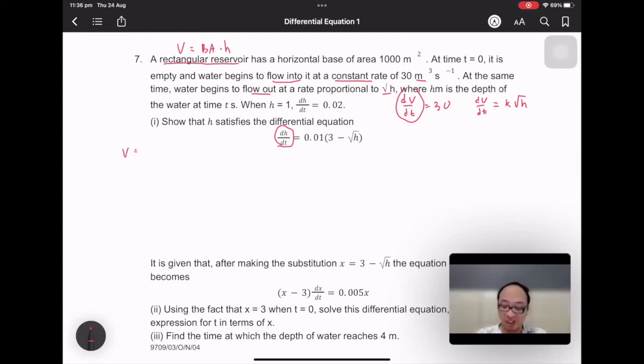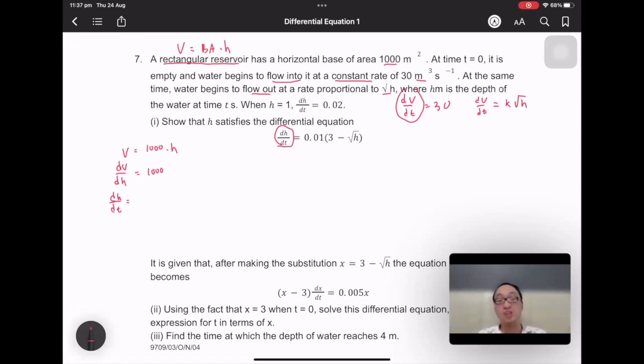V is 1000, base area is 1000 times height. So dV/dH will be equal to 1000. How do we find dH/dt?